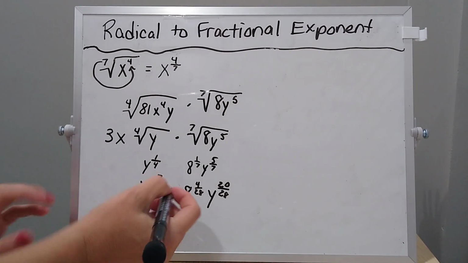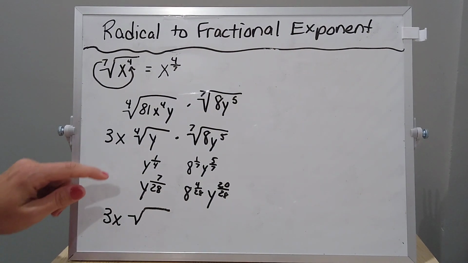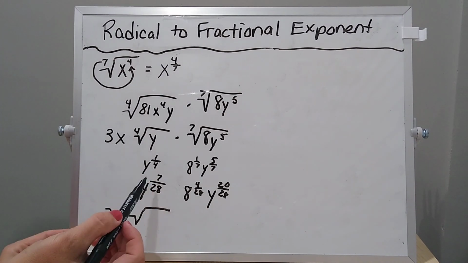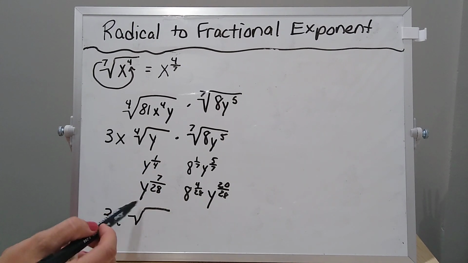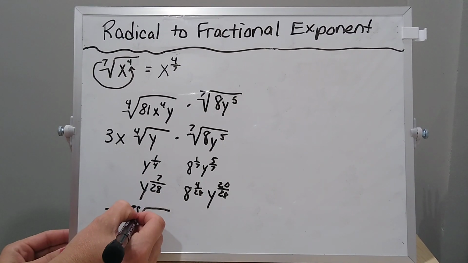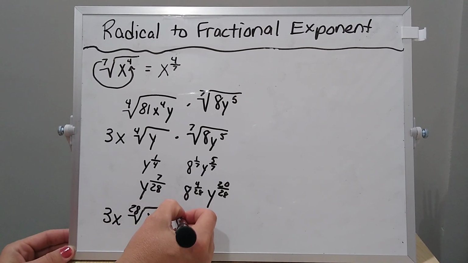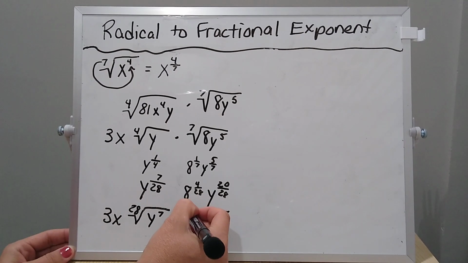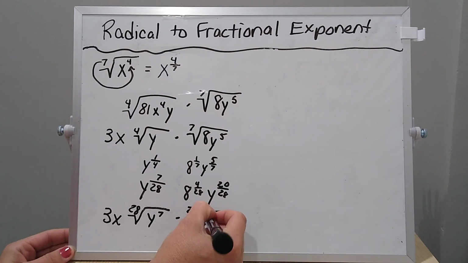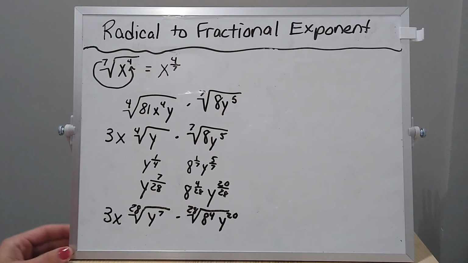Okay, so now remember, what is going to be my index for this radical? Remember, we just bring the index around to become the denominator. So my denominator is going to become the index, so 28, and I'm left with y to the 7th times, okay, we've got our index of 28, 8 to the 4th, y to the 20th.